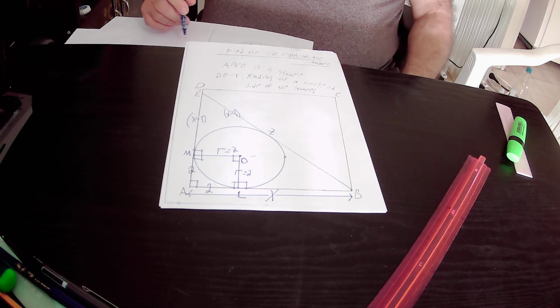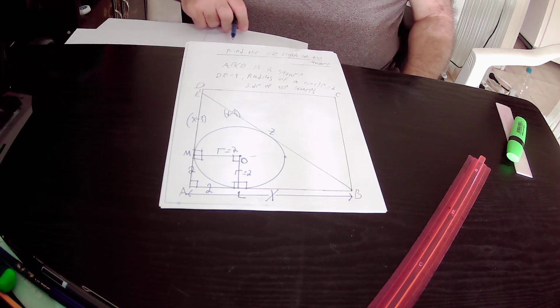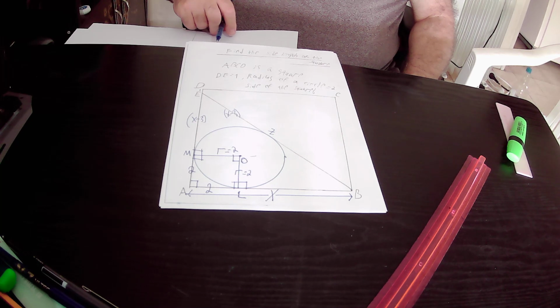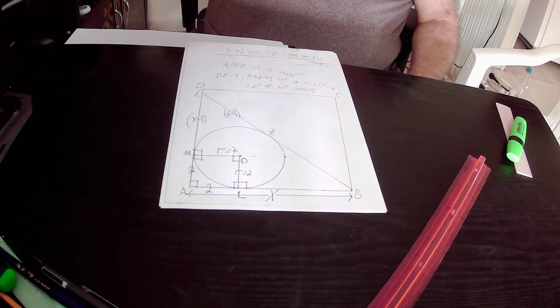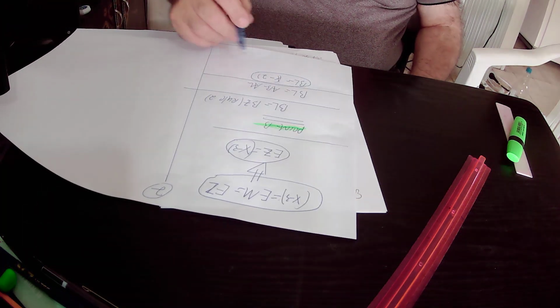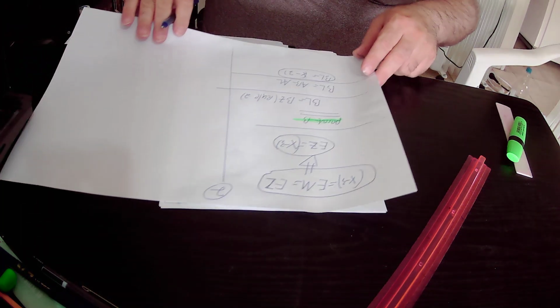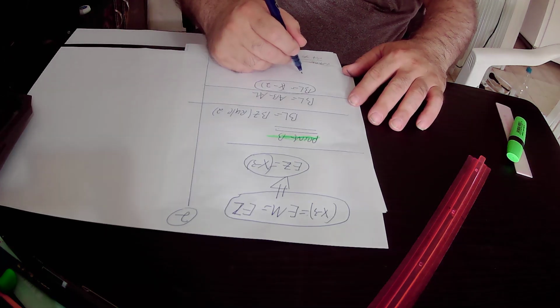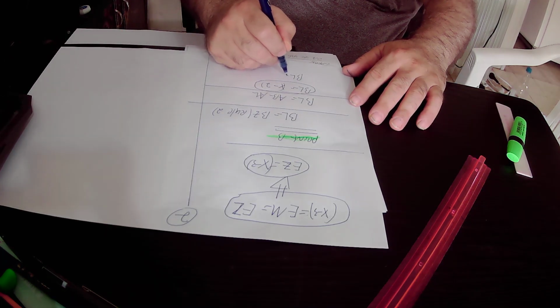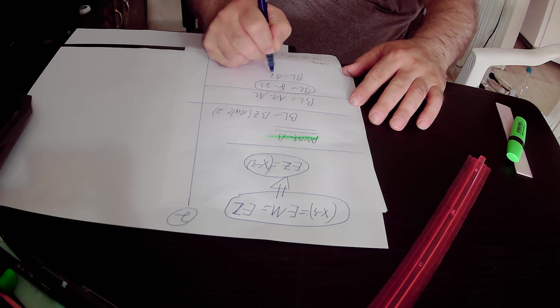So actually, according to rule number 2, BL equals BZ.